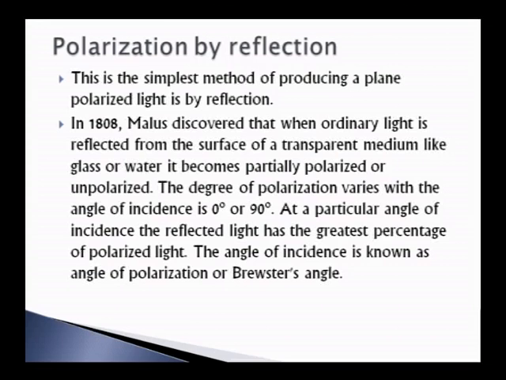So the intensity of the light is reduced, and the light after reflecting is nothing but polarized light. So this is what Malus said long ago. That means wherever the light undergoes reflection, the reflected light is almost a polarized light.